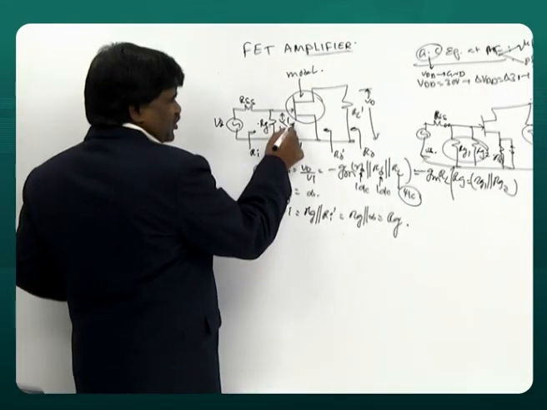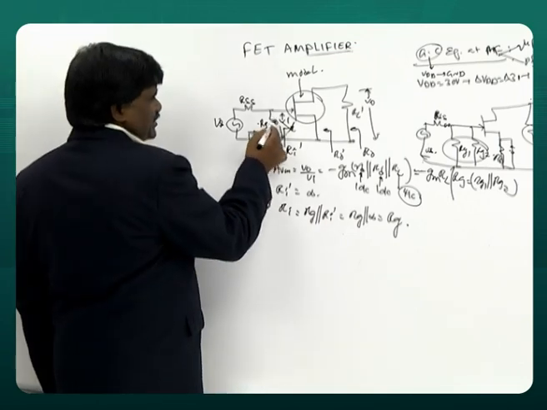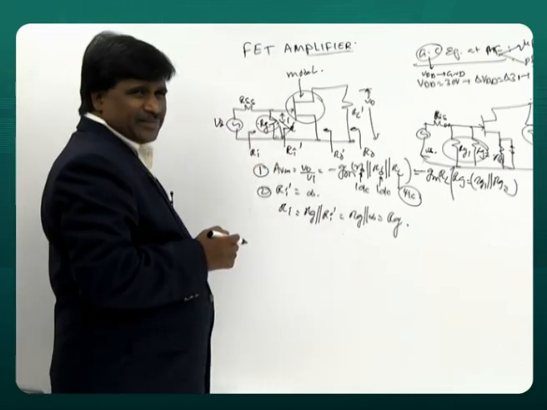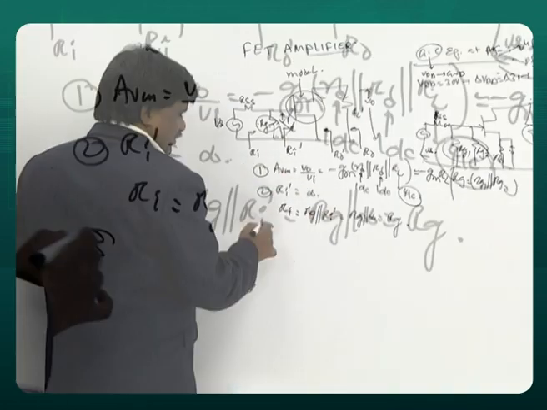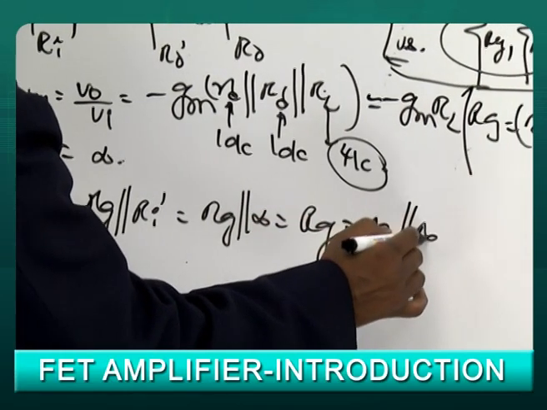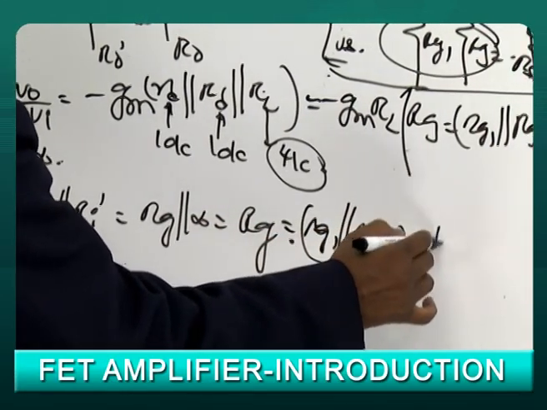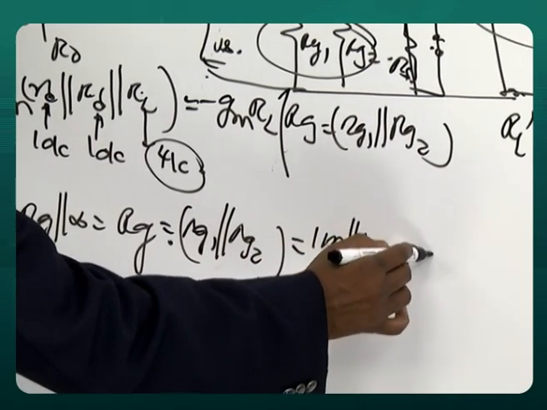So you don't need to waste your time to do that again. You can just say this itself is the input impedance. And according to us, it is so high. This is nothing but RG1 parallel RG2, 1 mega parallel 1 mega, which is 500 kilo.